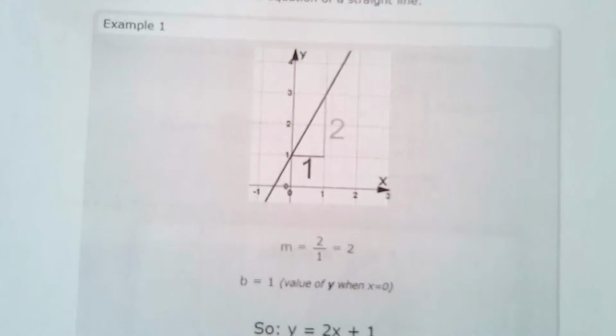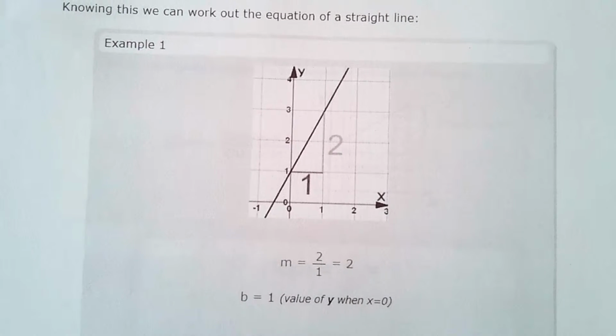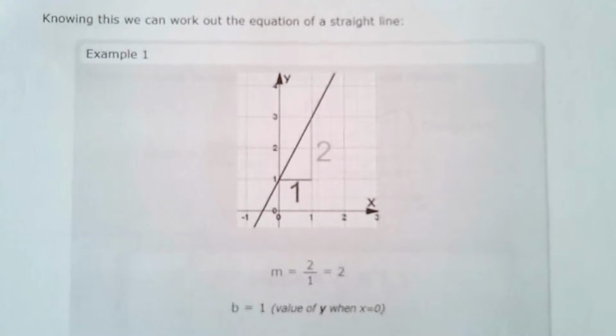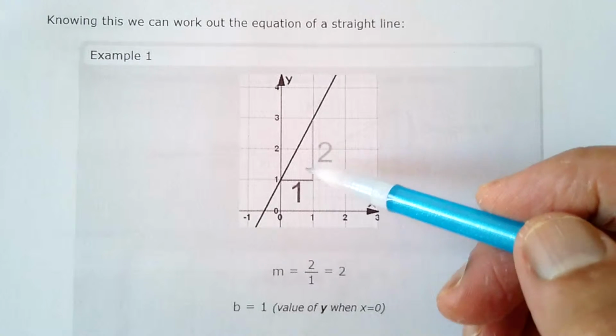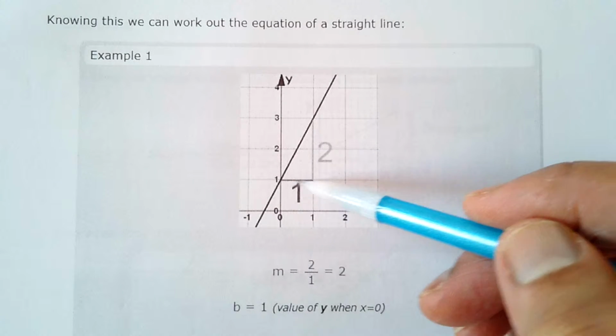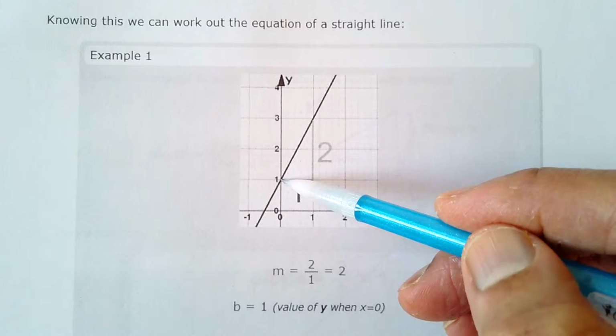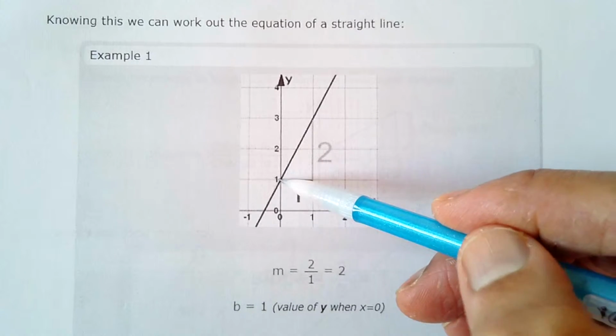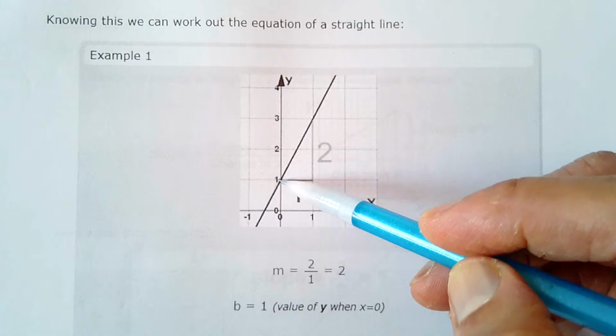So let's look at another example here. This is what we just did, and it's a bit clearer, right? Here we have a line. The y-intercept here is 1.